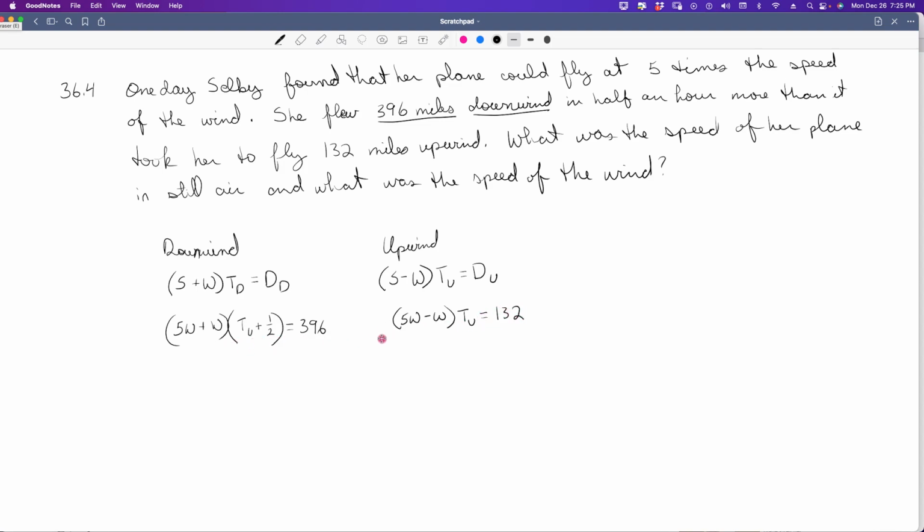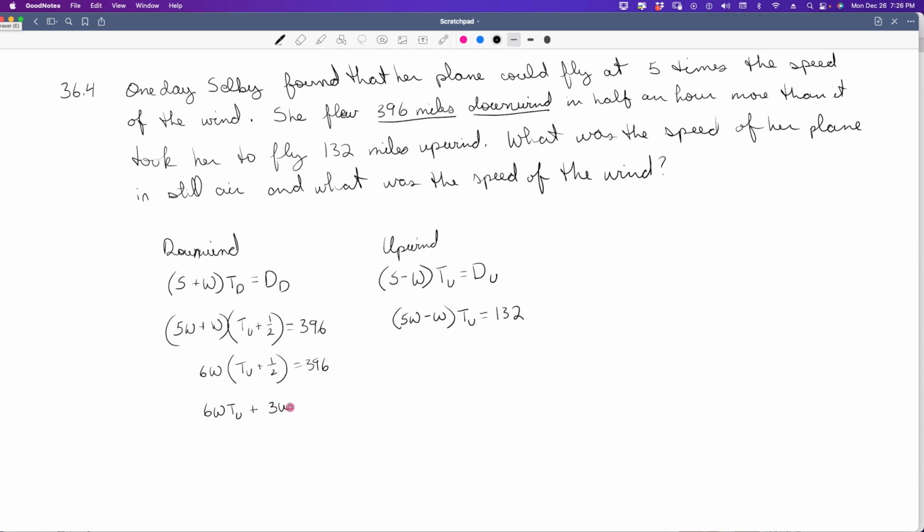So now we have our two equations set up. We can distribute at this point. 5 times the wind plus the wind is 6 times the wind, times the time upwind plus a half, equals 396. So that's 6 times the wind times the time upwind, plus 6 times 1/2, which is 3.